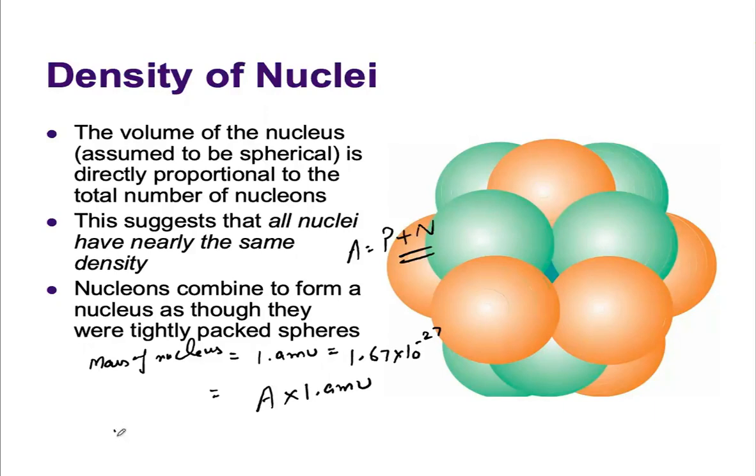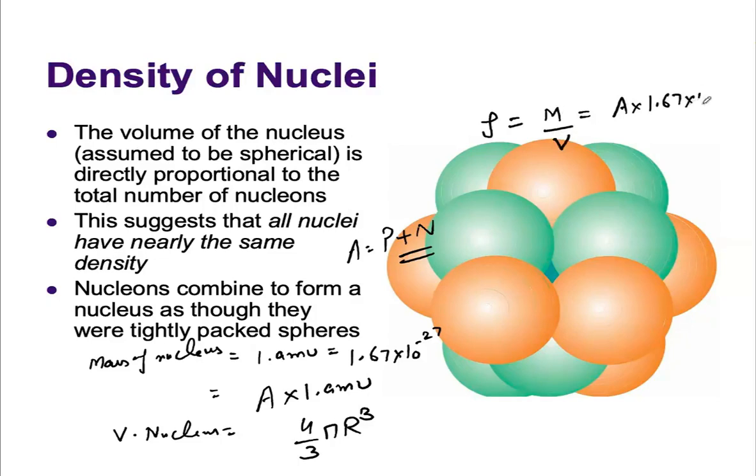And the volume of the nucleus, if it is a stable spherical nucleus, then we will consider the formula of a sphere, that is equal to 4/3 π r³. And from that you can find the density. Density is mass per unit volume, and mass is A × 1.67 × 10^-27 over 4/3 π r, where we take r of the order of r0 A^(1/3).